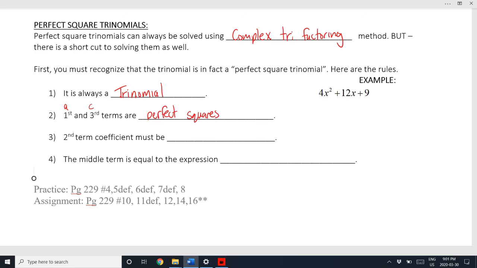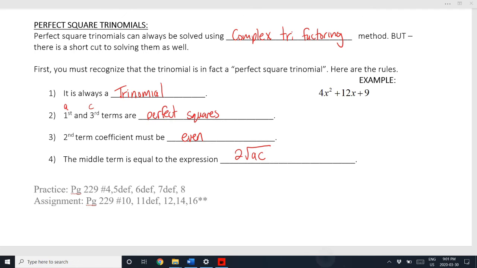The third rule is that the second coefficient must be even. And the last rule is that the middle term is equal to the expression 2 times the root of a times c. It's a little bit complicated, but we'll go through them. Again, if you're not comfortable with doing this method, you can always just use complex trinomial factoring.